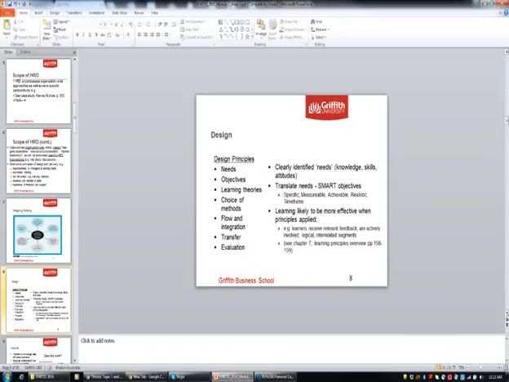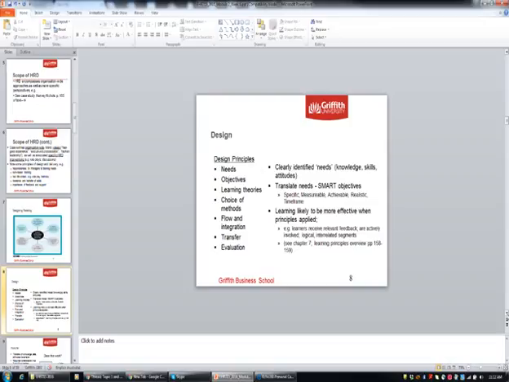You can see there the timing, you can see the resources, you can see the variety, you can see how it's going to be introduced and concluded, and the sorts of activities. So it is important to flow and to integrate and to also be linked together and show some variety so that people really can engage.